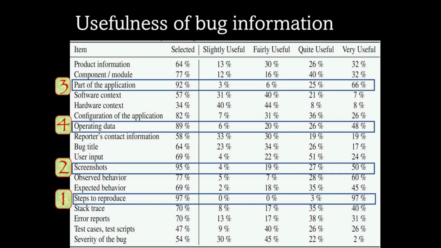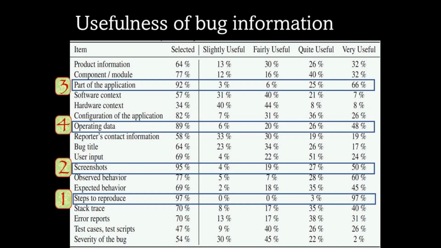This table highlights the usefulness of different types of bug information based on research data. It provides insight into what developers find most valuable when diagnosing and fixing defects. Some observations follow. 1. Steps to reproduce stand out as the most useful, with 97% of respondents rating it as essential. 2.